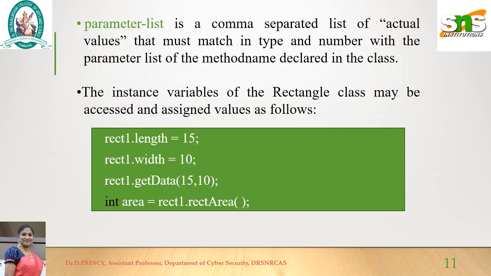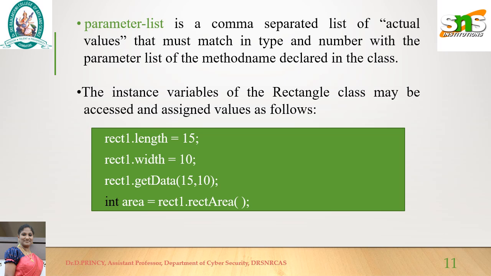The parameter list is a comma separated list of actual values that must match in type and number with the parameter list of the method declared in the class. If both match only, the calling statement will transfer the flow to the defining method, and then only the method will be executed.